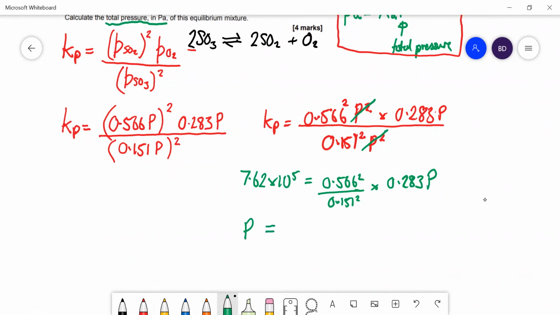Big P is going to be equal to 7.62 times 10 to the 5 multiplied by 0.151 squared divided by 0.566 squared multiplied by 0.283.